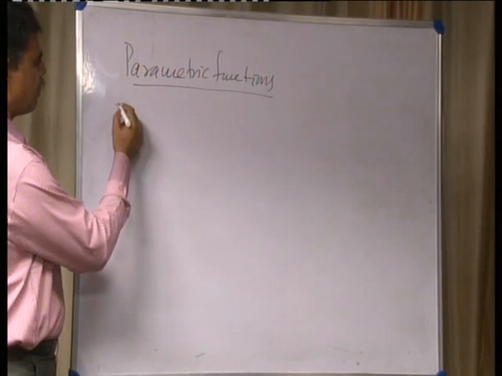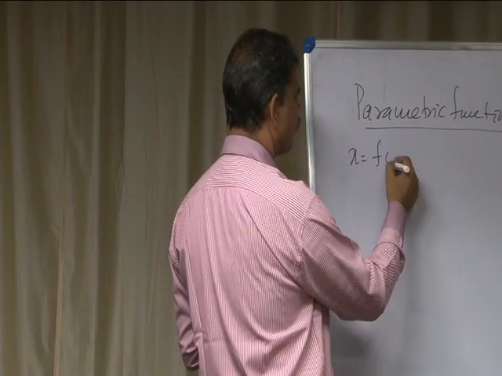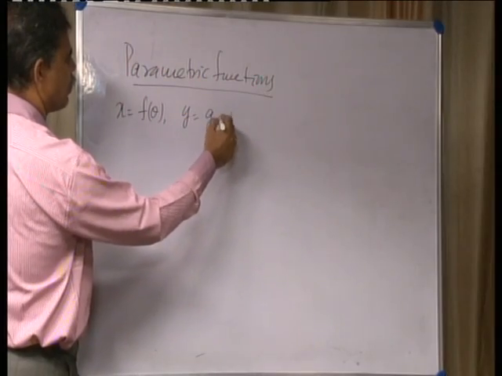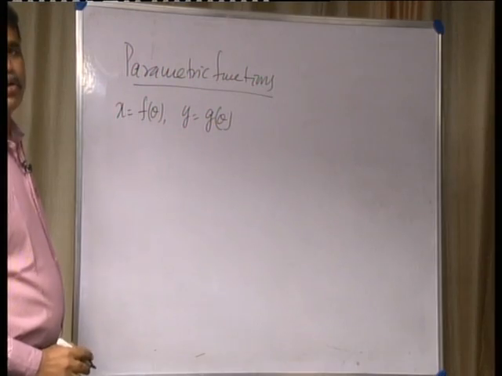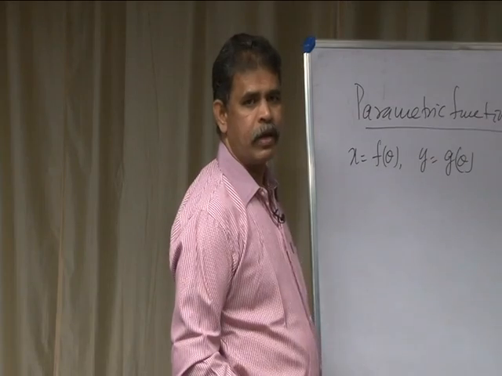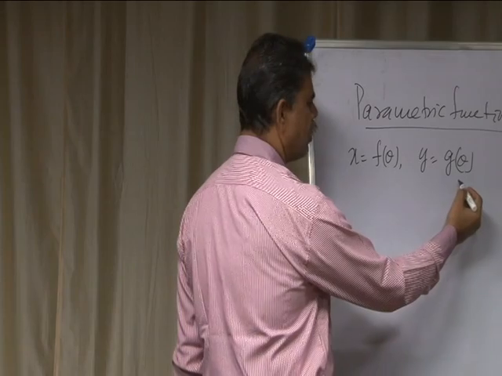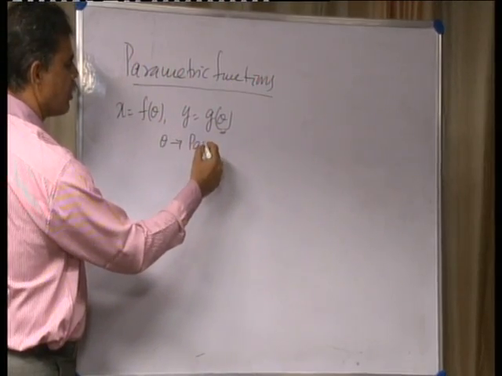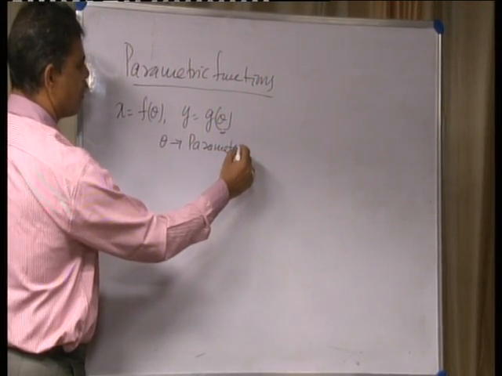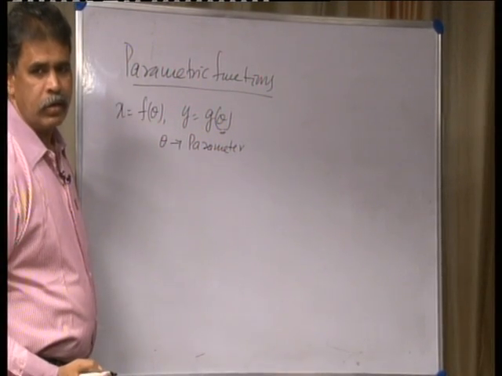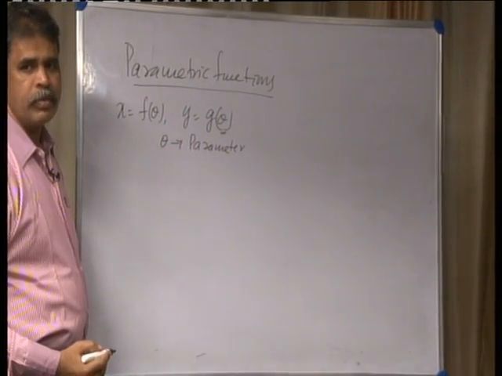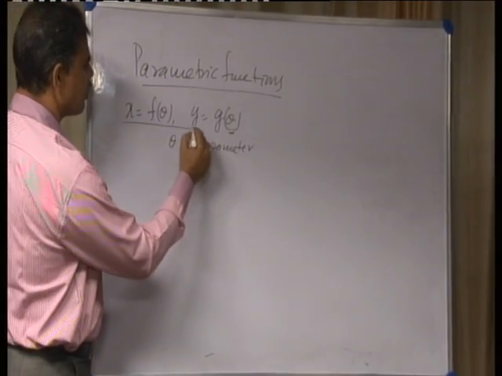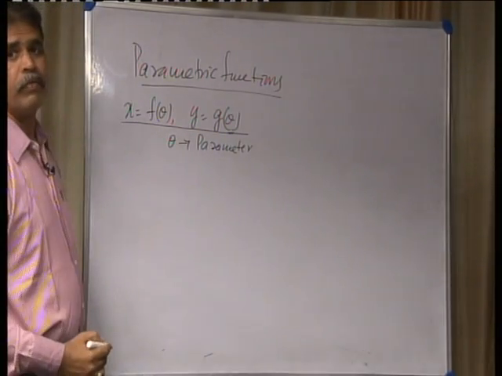See, if x is equal to f of theta, y is equal to g of theta, both x and y are given in terms of theta. Here theta is to be considered as the parameter. The common variable is treated as the parameter, hence such functions are called parametric functions.